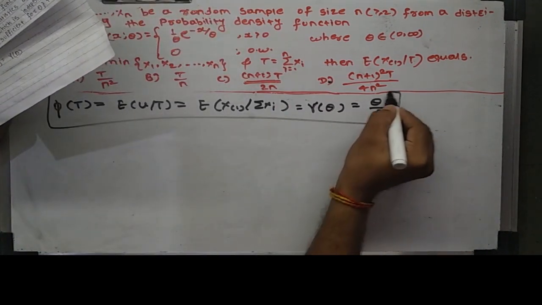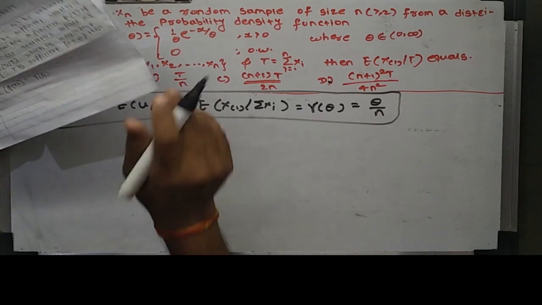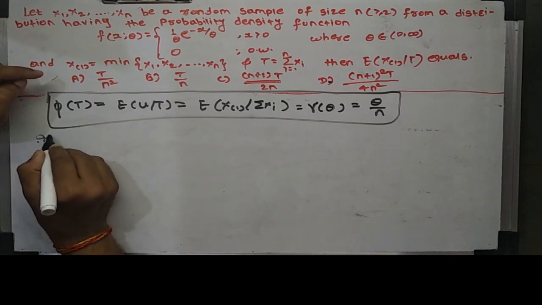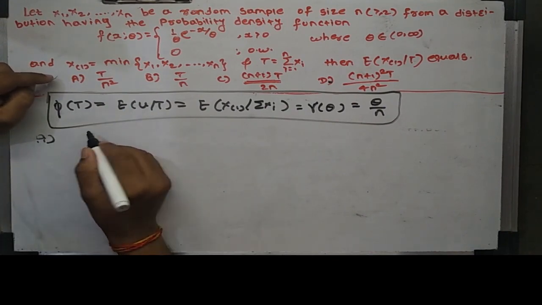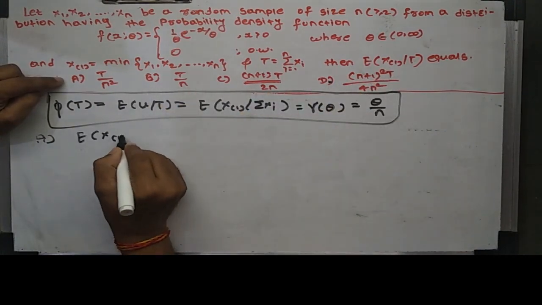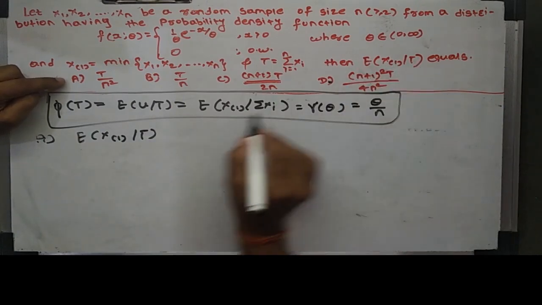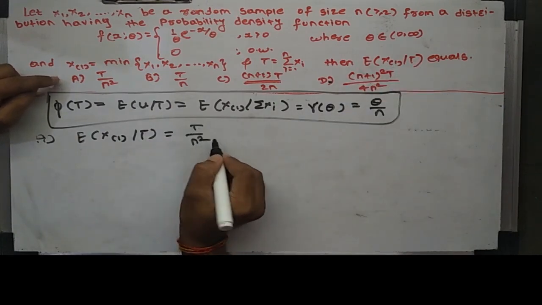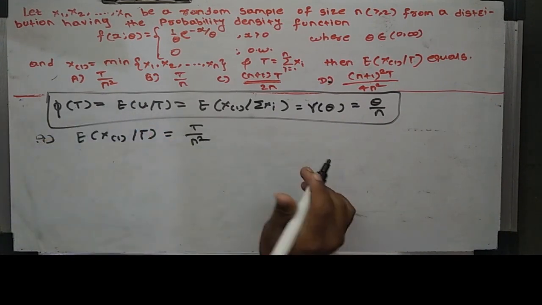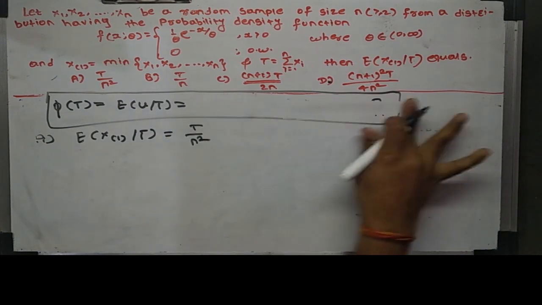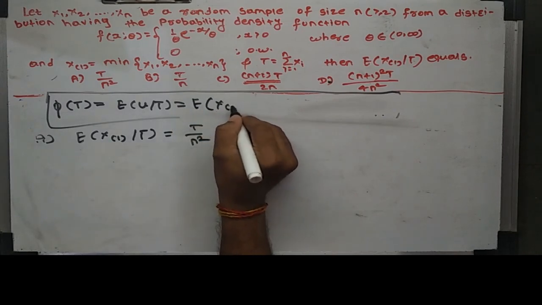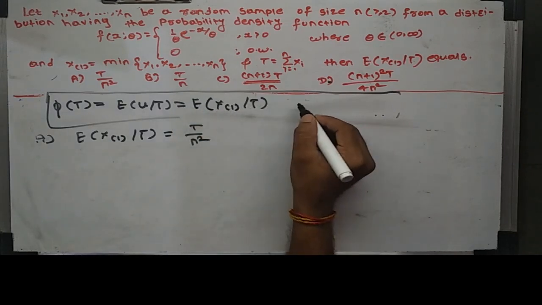This is by the Rao-Blackwell theorem. Let's check each choice, first choice A. Given in choice A, expectation of x of order 1 given t is equal to t by n square. So let's check this phi t, not this theta by n. Here phi t equal to expectation of u given t is equal to expectation of x of order 1 given t.